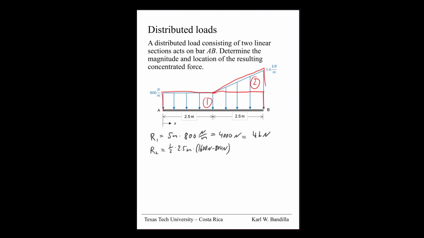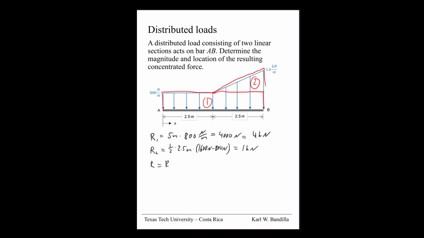And if we plug that in, that's 800 times 2.5 divided by 2, which in the end gives me 1 kilonewton. That'd be my R2 from the triangle.